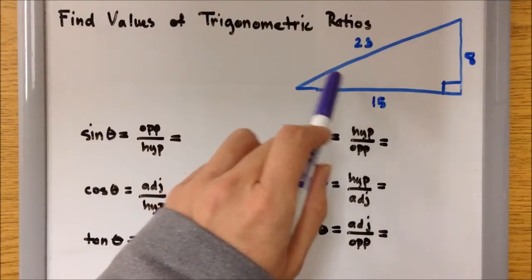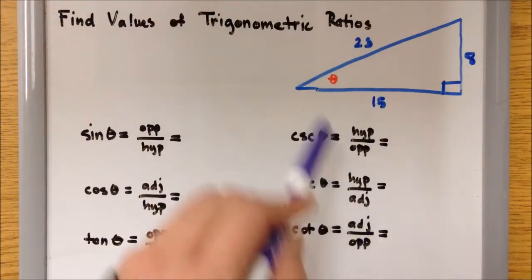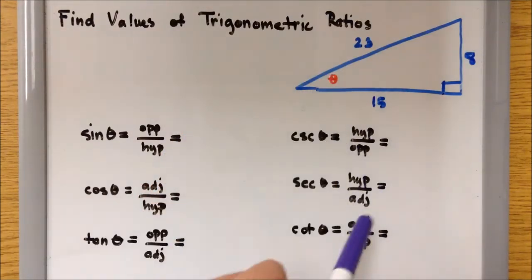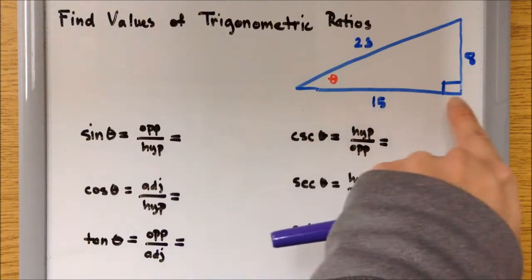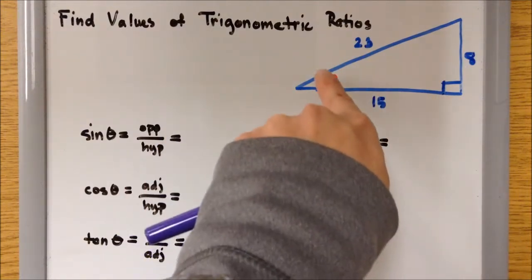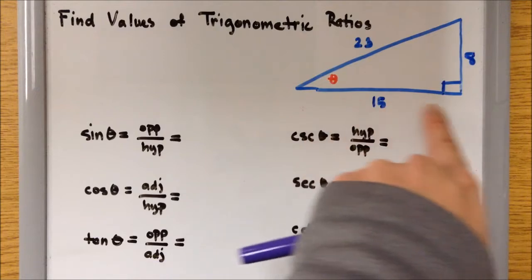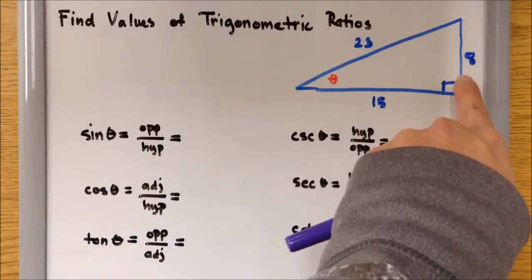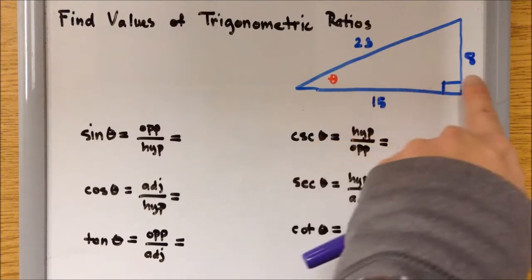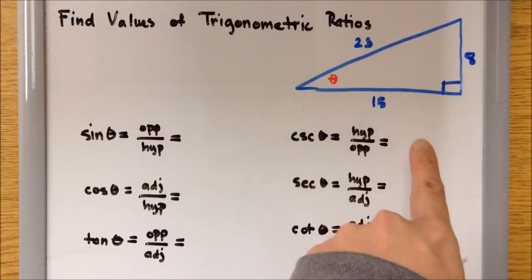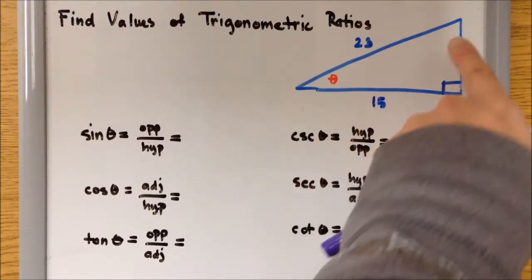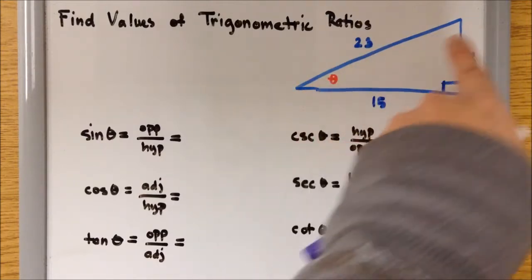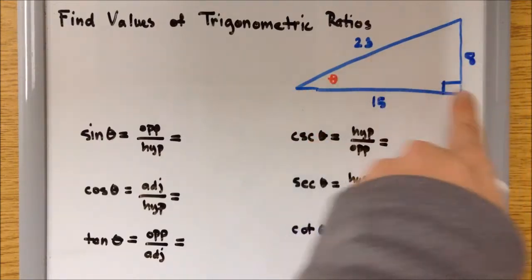Now here they gave you the angle, so this side is next to the angle, meaning this side is adjacent to the angle. Then the side with the 8 is across or opposite of the angle. And again, hypotenuse is always the slanted longest side of the triangle.